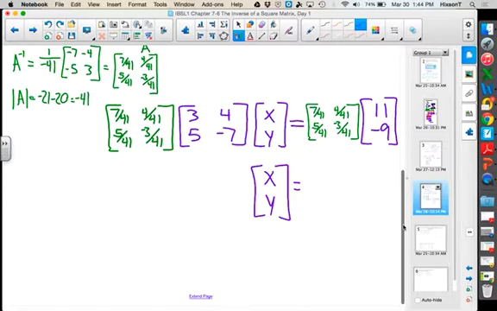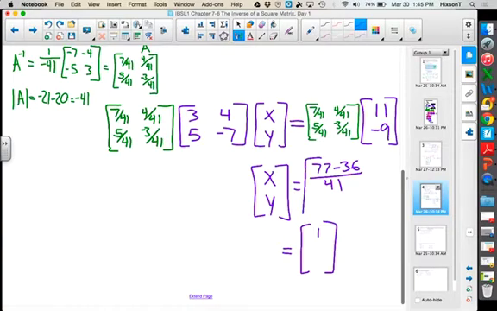So 7 times 11 is 77. 4 times negative 9 is minus 36. 77 minus 36 is 41, right? So what's 41 over 41? 1. So we know now that x equals 1.